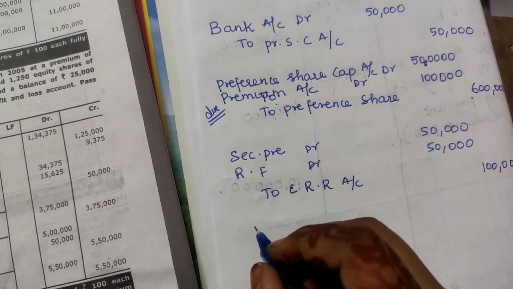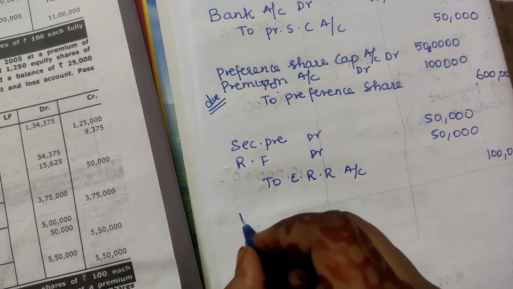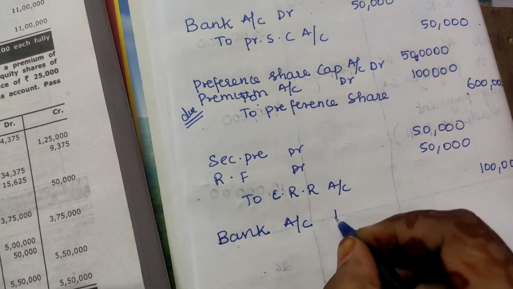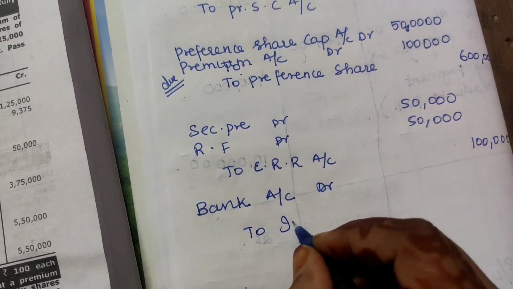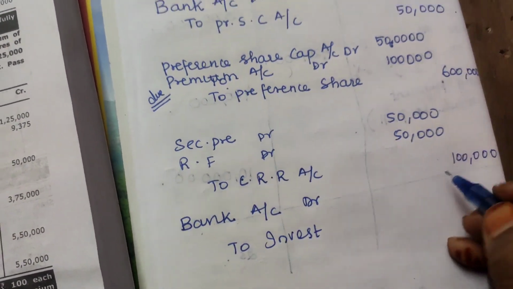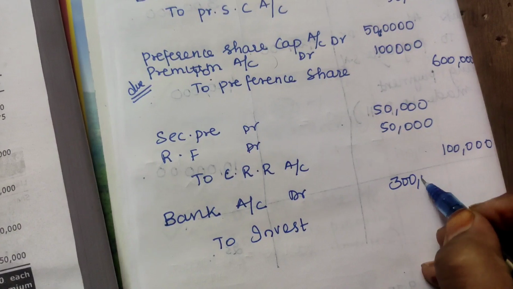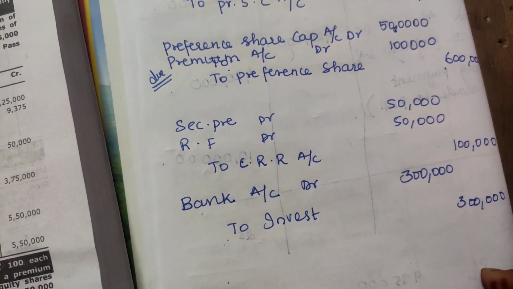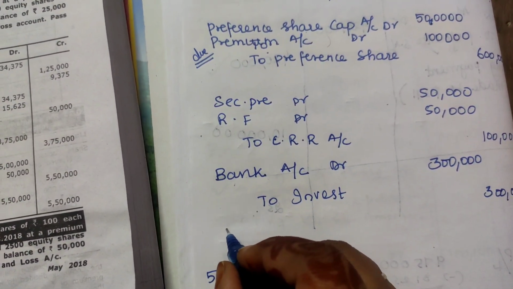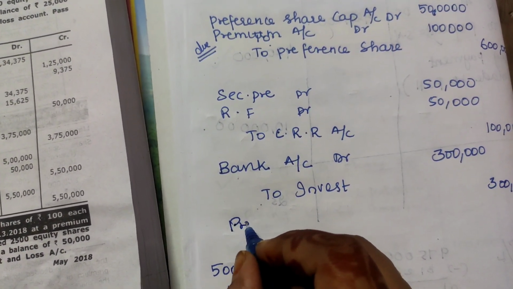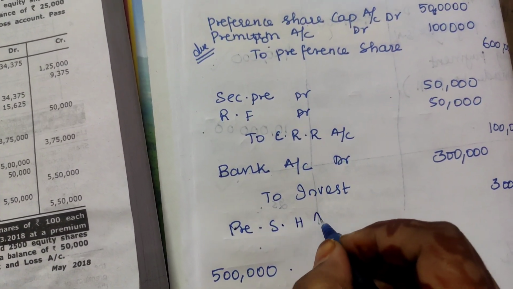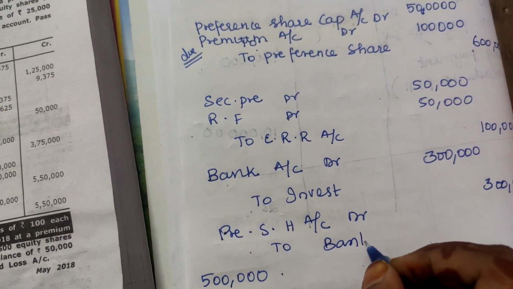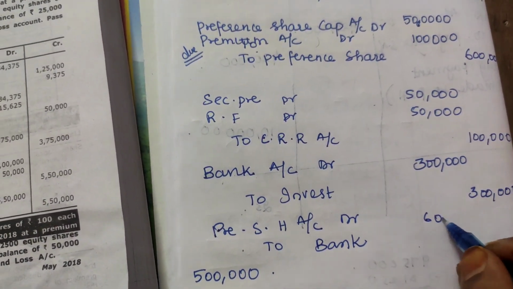So this entry: bank account debit to investment account. It means we are selling 3 lakh worth of investment. And this money we are going to give to the preference shareholder account, debit to bank account. How much? 6 lakh.